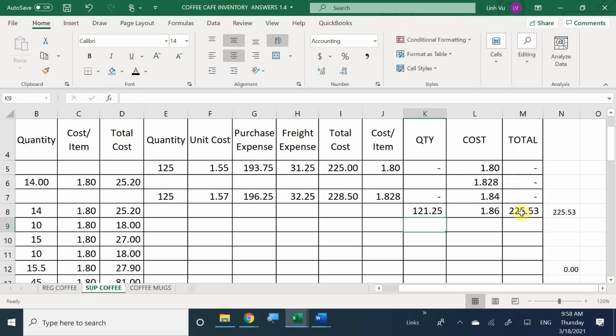So here we have to mark this one down by a penny, to 225.52. So we're going to have to adjust both inventory and the total cost, because we have that penny that we have to remember that we rounded down for. Okay. So there we are. 225.52.